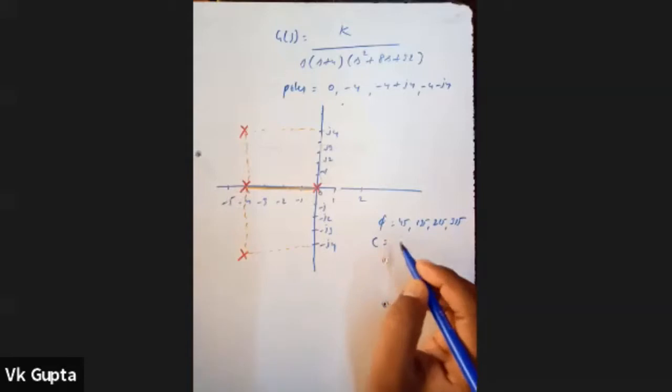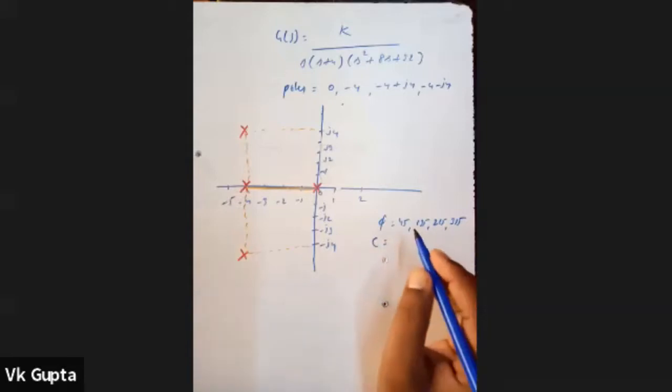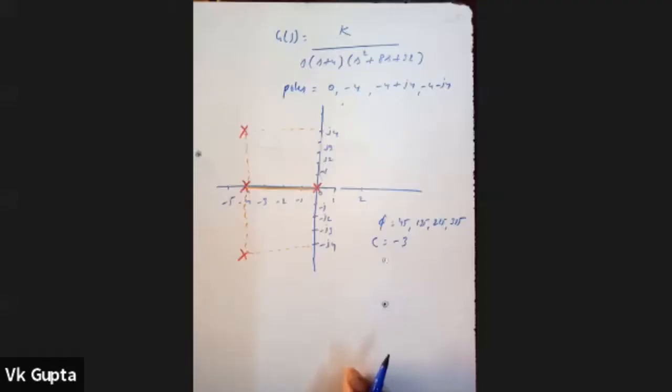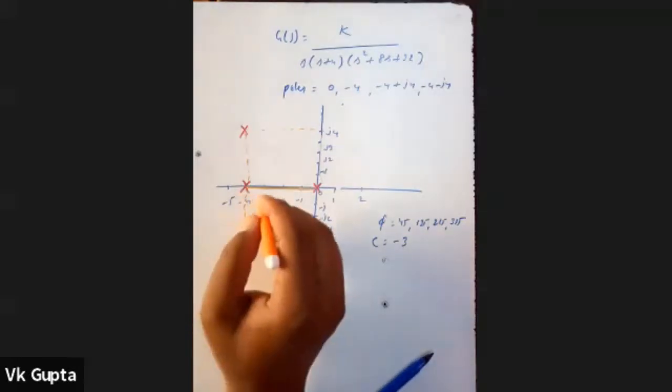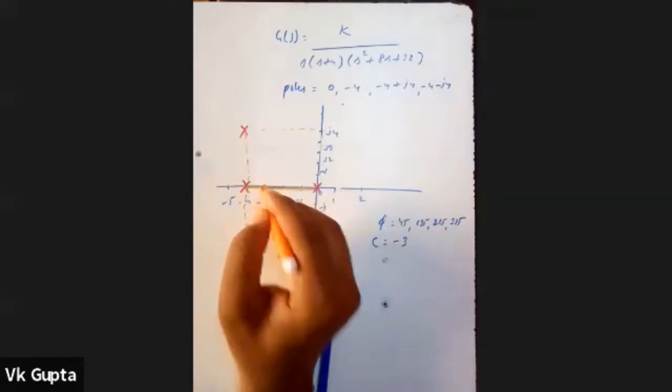What is the centroid? Anybody? -3. Good. Centroid is -3. So let us mark centroid. So this is my centroid, -3.